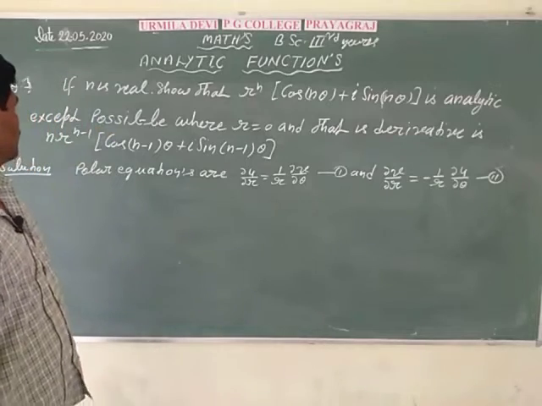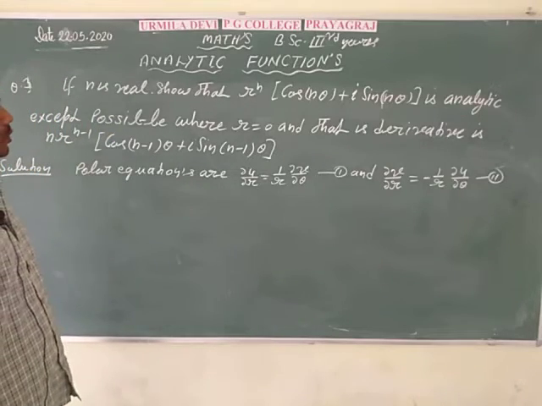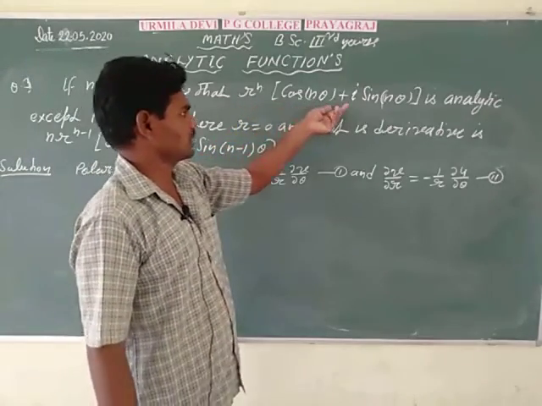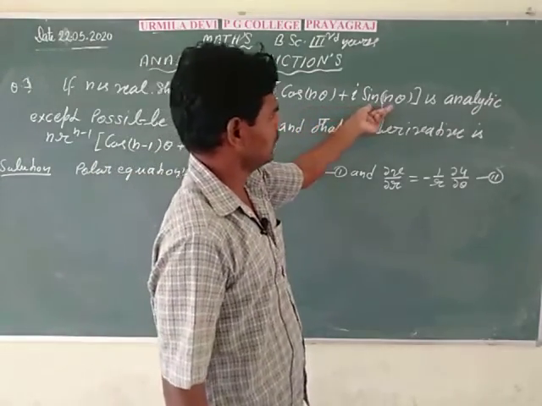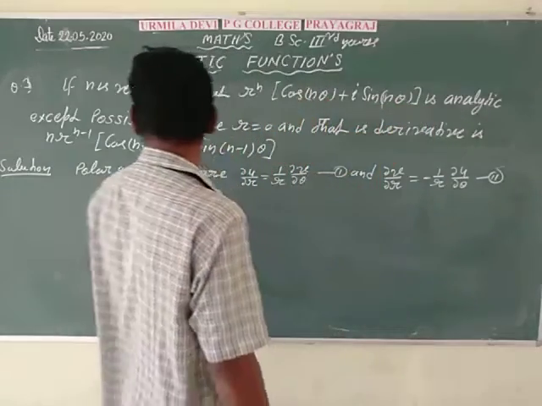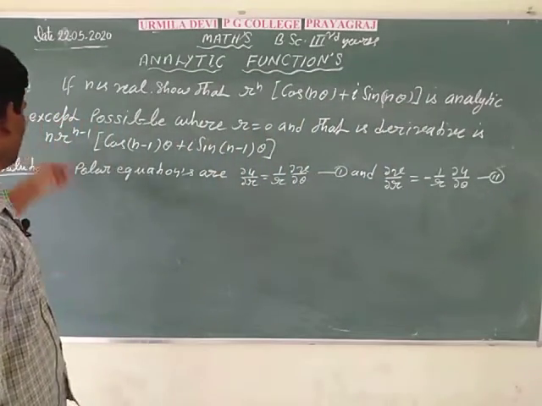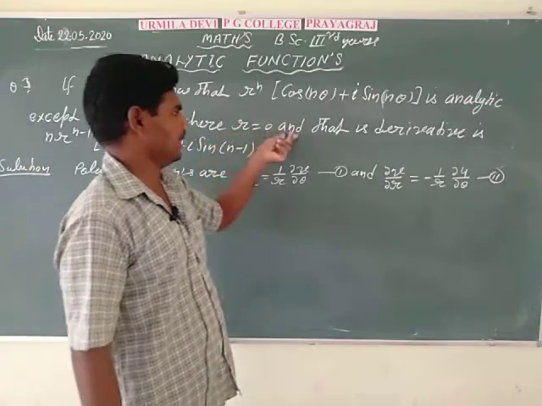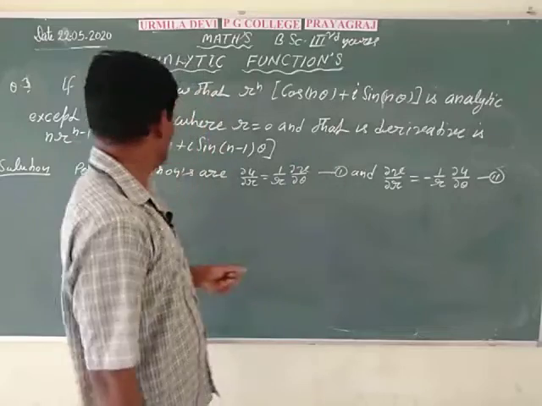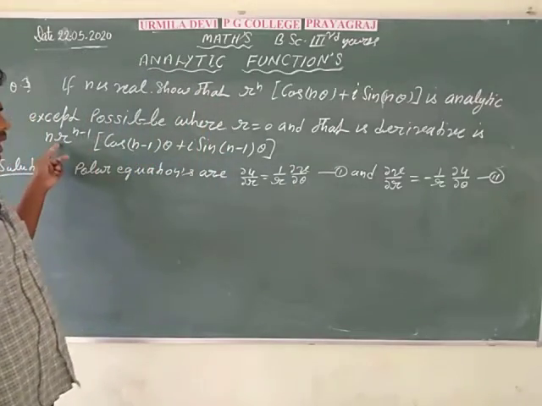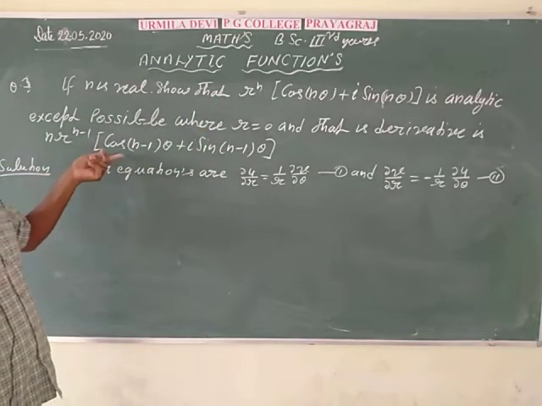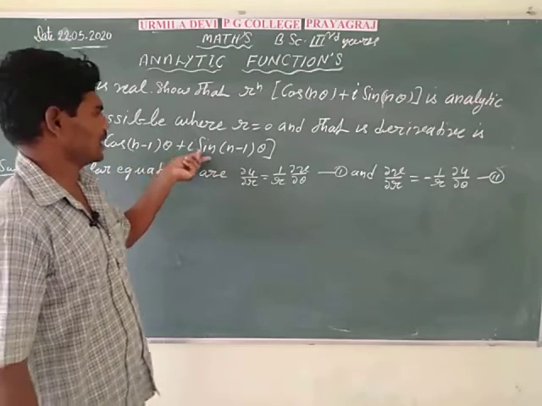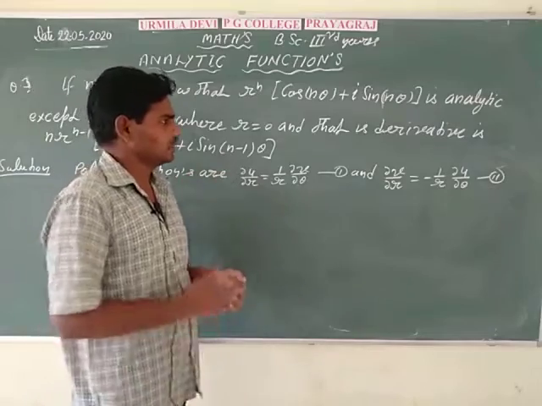In question three: if n is real, then r^n (cos n theta plus i sin n theta) is an analytic function, except possibly where r is equal to 0, and its derivative is n r to power n minus 1 times (cos (n minus 1) theta plus i sin (n minus 1) theta).